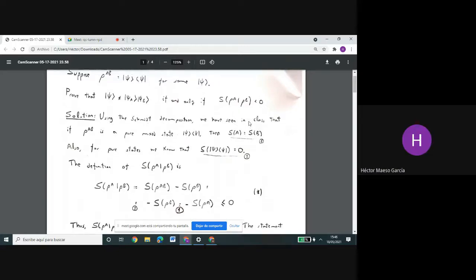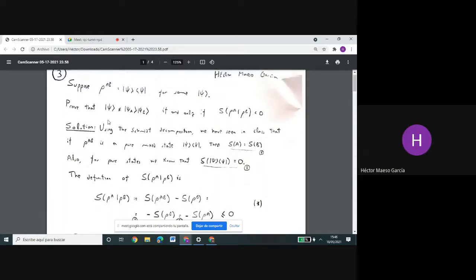Okay. So, using the Schmidt decomposition we have seen in class, if we have a pure state, then the entropies of both subsystems are the same. And also we know that for pure states in any system, the entropy is 0.